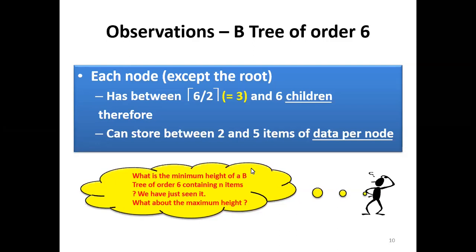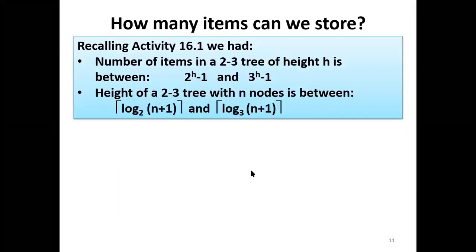I'll refer you to an activity we've done previously as activity 16.1, where we used this to find that the number of data items in a 2-3 tree of height h is between 2 to the power h minus 1 and 3 to the power h minus 1. And the height itself is between log base 3 of (n plus 1) and log base 2 of (n plus 1).